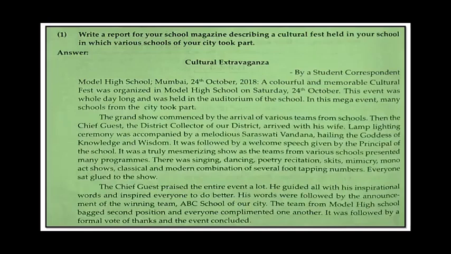The format of the date is like that, that is 24th October 2018. Now just above that you can see it says by a student correspondent. You can simply write by a student reporter. Then come the paragraphs, that is the introduction, then the main body, and then the conclusion.